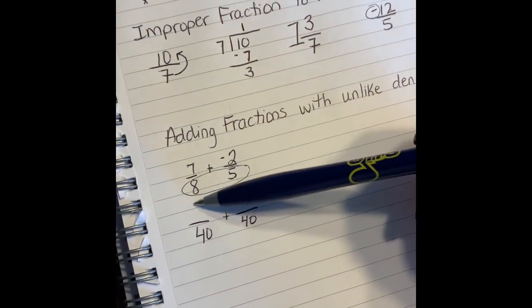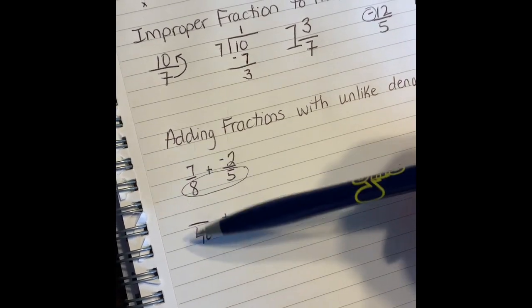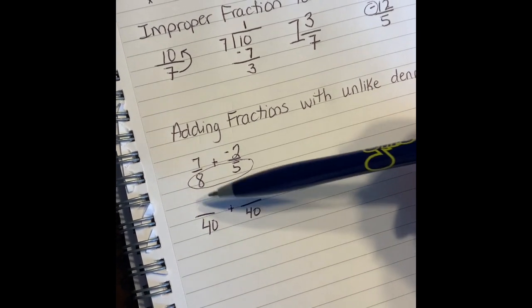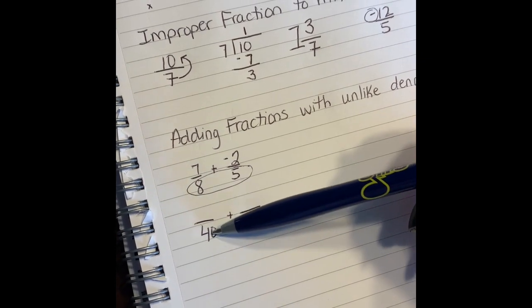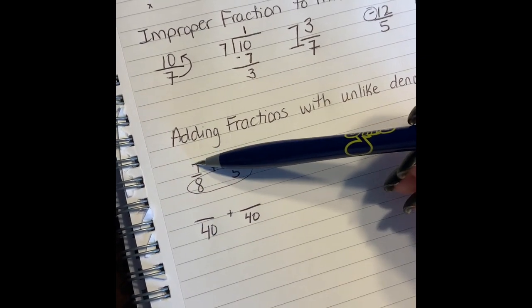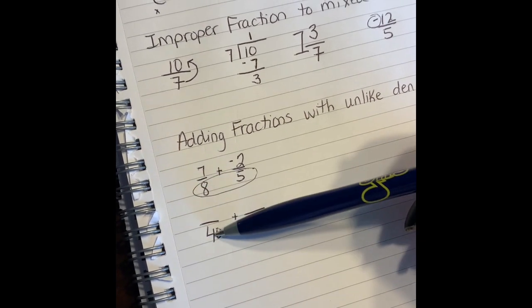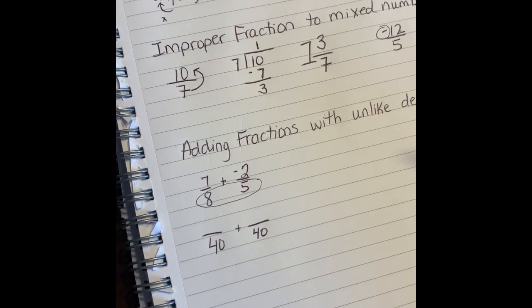But I want to now change this fraction, 7/8, into an equal fraction that has a denominator of 40. That means whatever I did to this denominator to get from 8 to 40, I need to also do to my numerator. If I change my denominator, I have to change the numerator by the same factor.